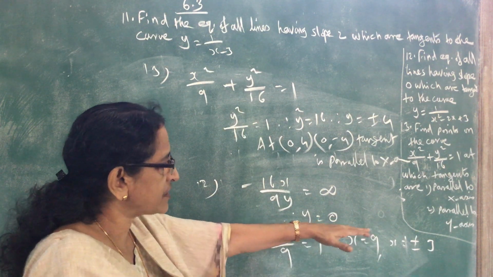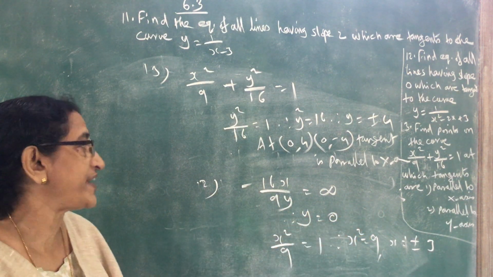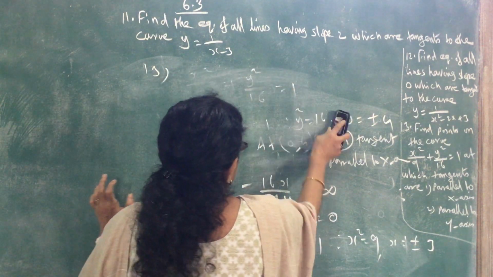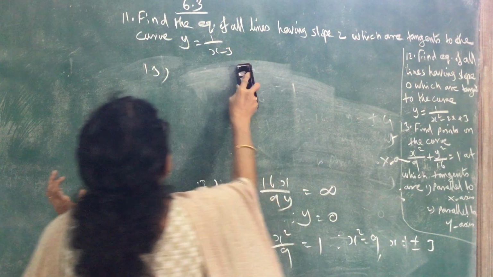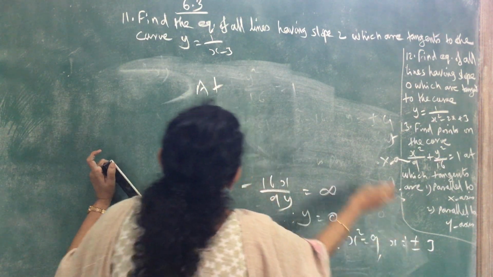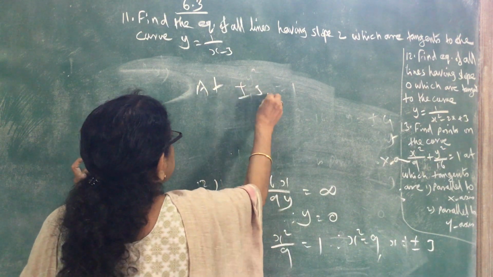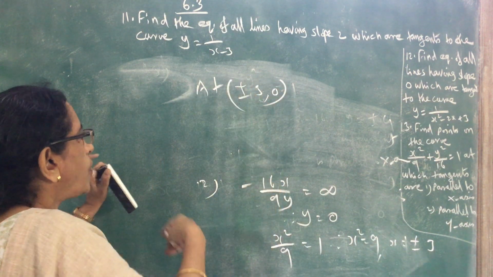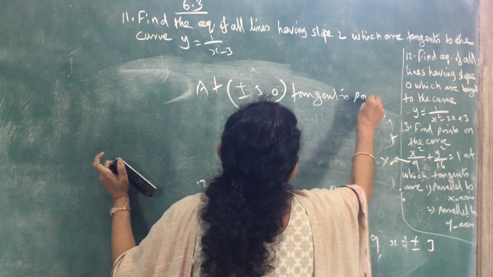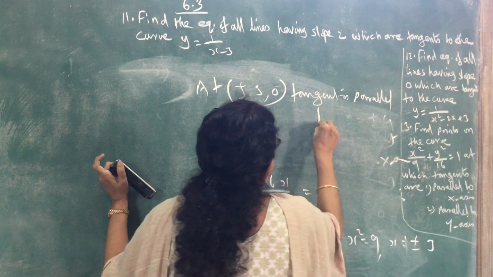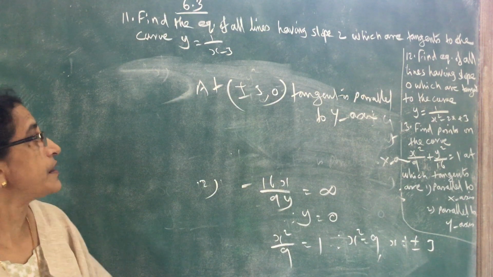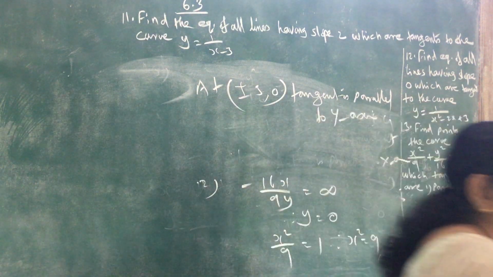So at plus or minus 3, 0, the tangent is parallel to the y-axis. So these are the points at which the tangent is parallel to the y-axis.